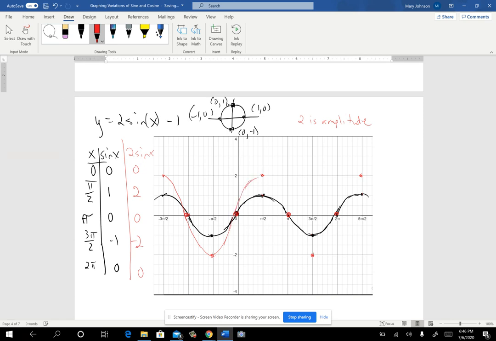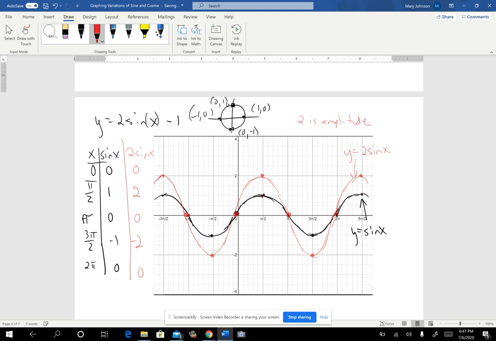So every point is twice as far from the x-axis. Okay, so I have that look. So the original one was y equals sine x. The red one is y equals 2 sine x with an amplitude of 2.